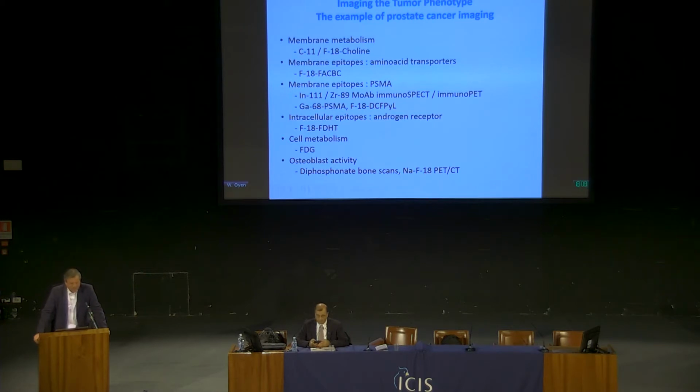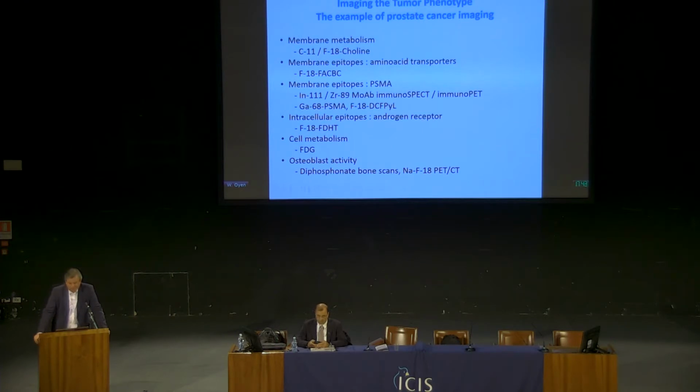So probably it's fair to say that the choline agents are around for the longest time. They look at membrane metabolism, so they're non-specific. You can look at membrane epitopes such as amino acid transporters. There is a compound out, FACBC, which is used and even approved for prostate cancer imaging in the US and in Europe.